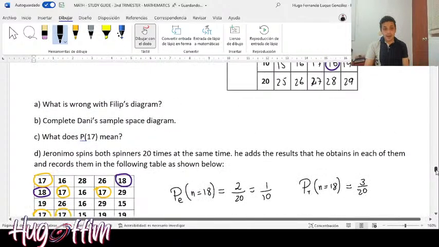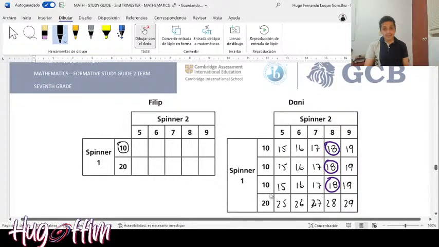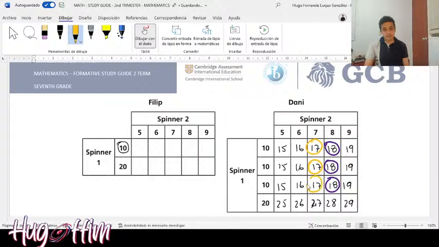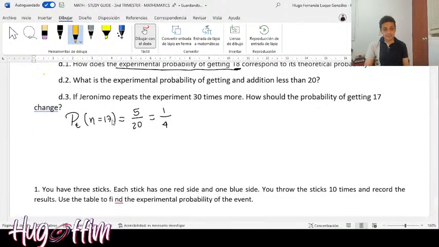However, the theoretical probability of getting 17, which is here, is 3 out of 20. So the experimental is 1/4 or 5 out of 20, but the theoretical is 3 out of 20.